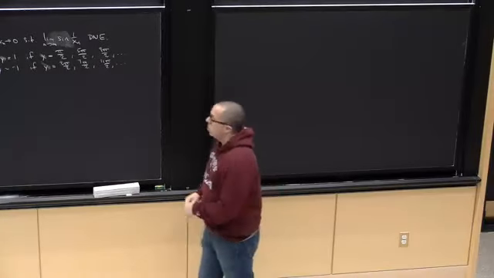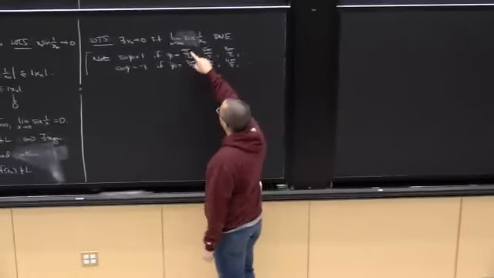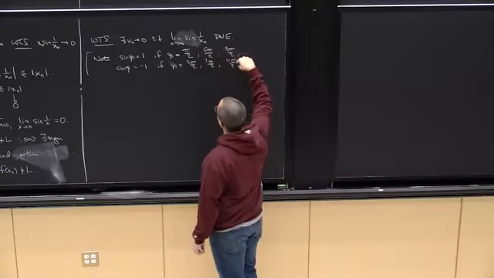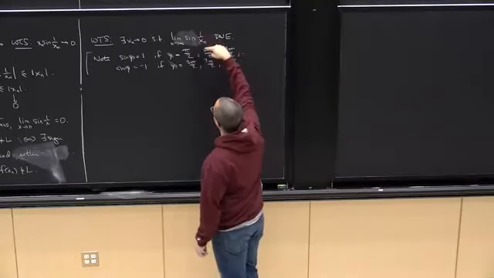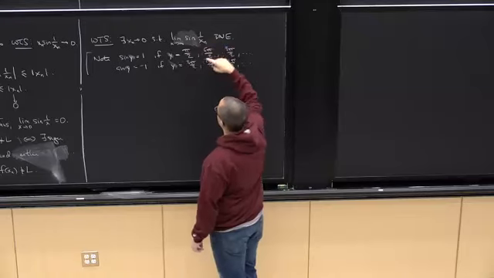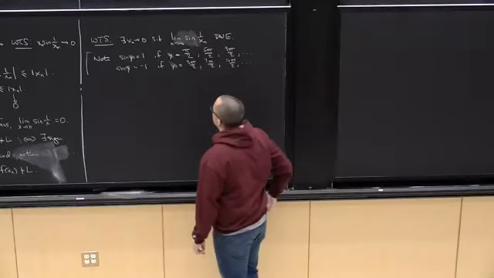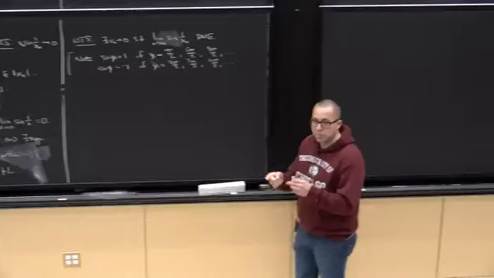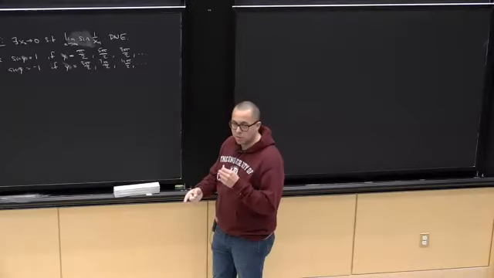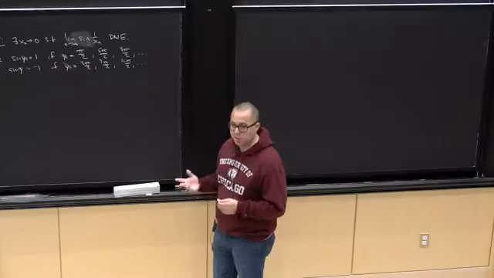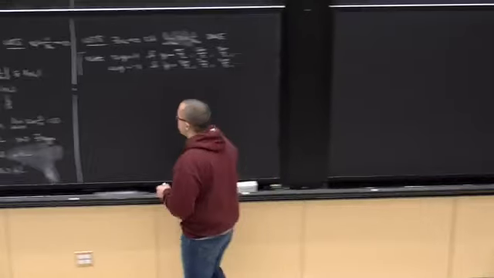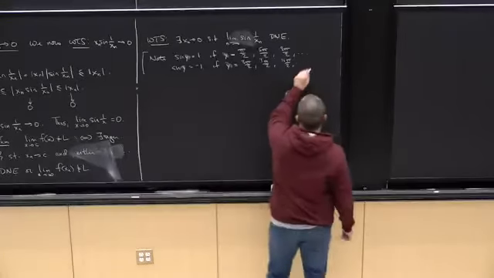But that means if I stick 1 over these numbers into sine of 1 over x, I get 1 or minus 1. And so the sequence that I get will be 1 and minus 1 alternating. And we know that sequence does not converge. So that's the idea. Let me write that down.